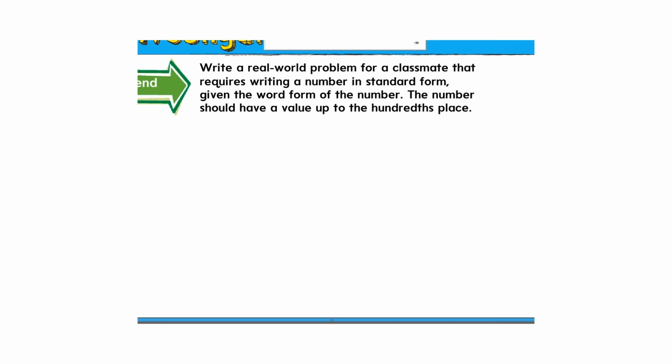So that's a real word problem because I'm talking about the baseball, that it was at a baseball game. I was going to use a really big number, but then I realized that it said I had to use a decimal. So let's say that 15 and 23 hundredths of the seats were sold at the baseball game. Now the question says that the word form is the part that you tell them. So you don't write the numbers in digits like in standard form. You should write the number in word form.